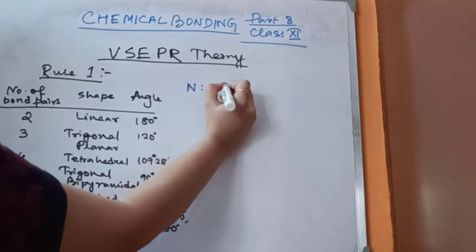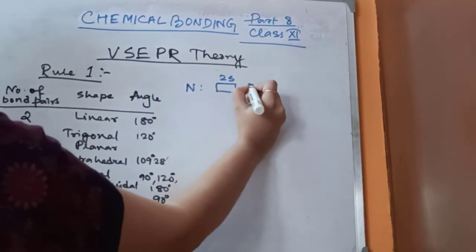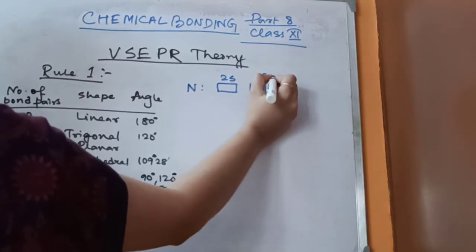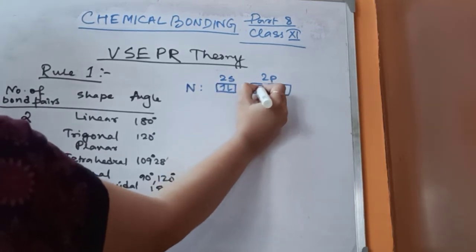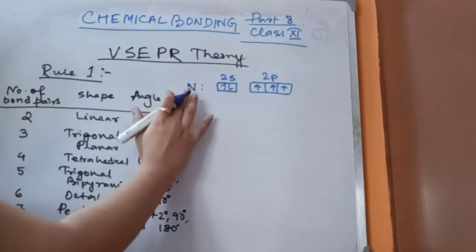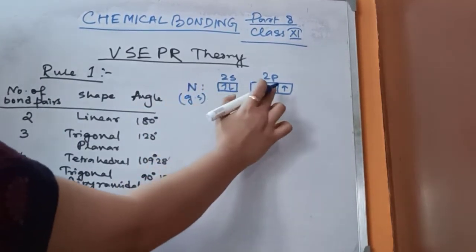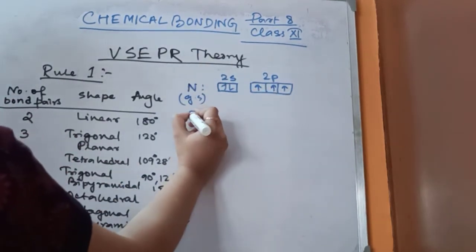Nitrogen. Again, we will not show the 1s. In the ground state, nitrogen is 2s2, 2p3. So, no vacant orbital is present in nitrogen.